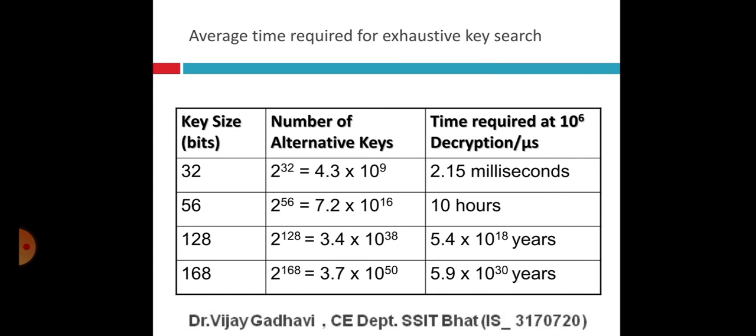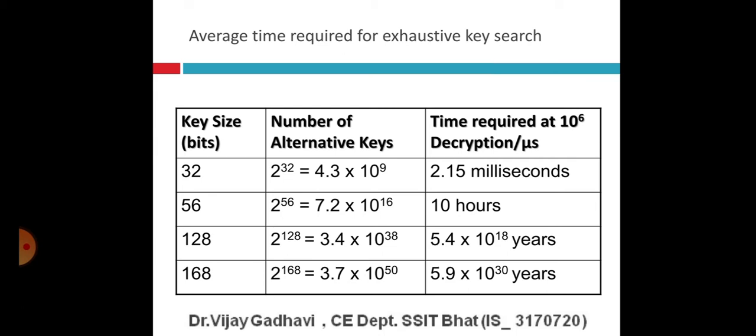Average time required for exhaustive key search. Here you see the various key sizes: 32, 56, 128, and 168. The number of alternative keys and the time required at 10^6 decryptions per microsecond. For a key size of 32 bits, it takes 2.15 milliseconds.